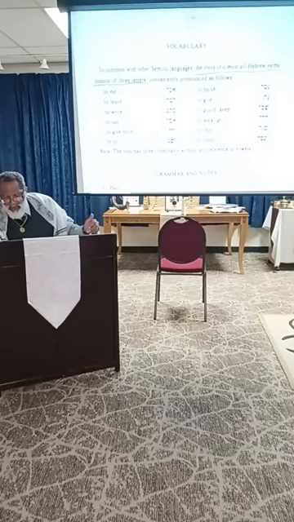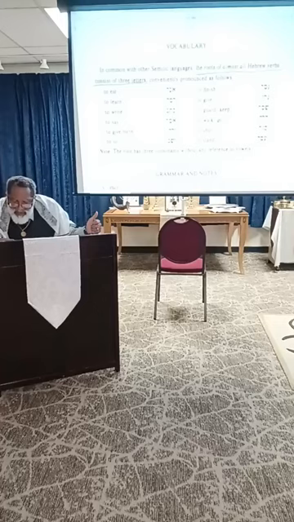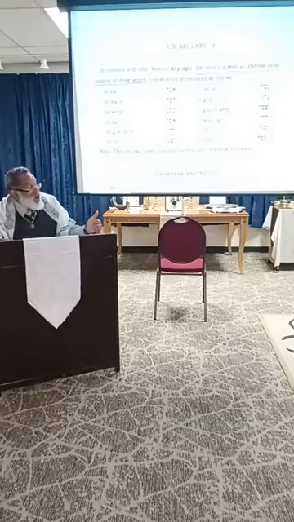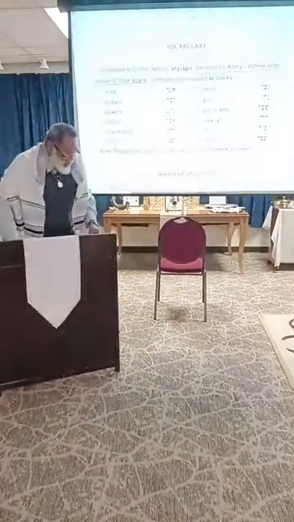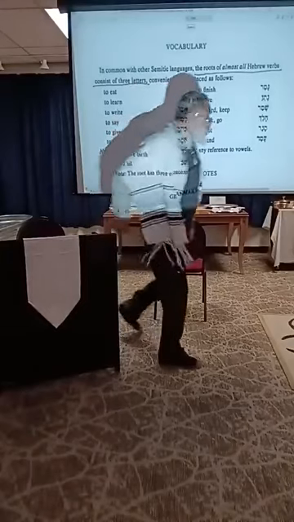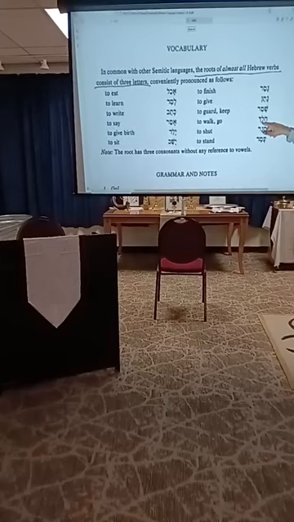Next word, fourth word, we have the letters Hey, Lamed, and the Dalet. No, actually, that's not a Dalet. I'm sorry. That's a final kaf. It's got a leg going down. Let me come over here and show you this. Right here, this is the Hey. This is the Lamed.